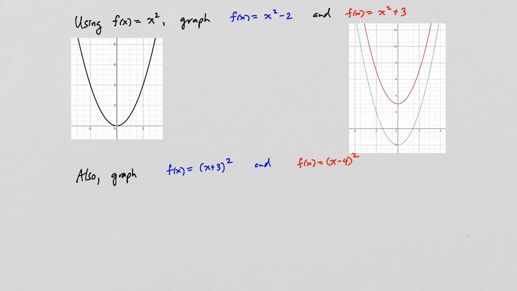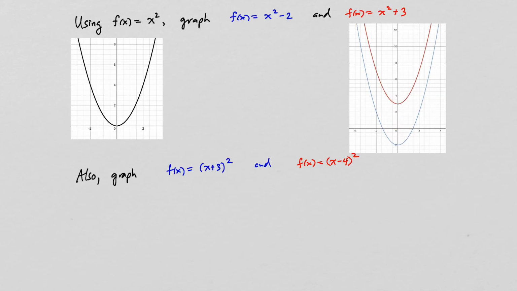So here they are. The first graph, f(x) = x² - 2, is represented by this graph. And what you should notice is that this graph has the same shape as x², but it is now down 2 units. The vertex of this parabola here, the lowest point, is at -2 instead of 0. x² + 3 is this graph, and you can see that it crosses the y-axis at +3 instead of 0.